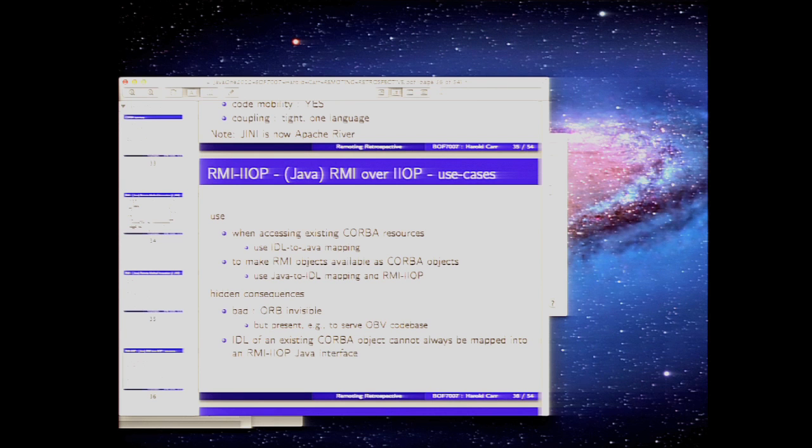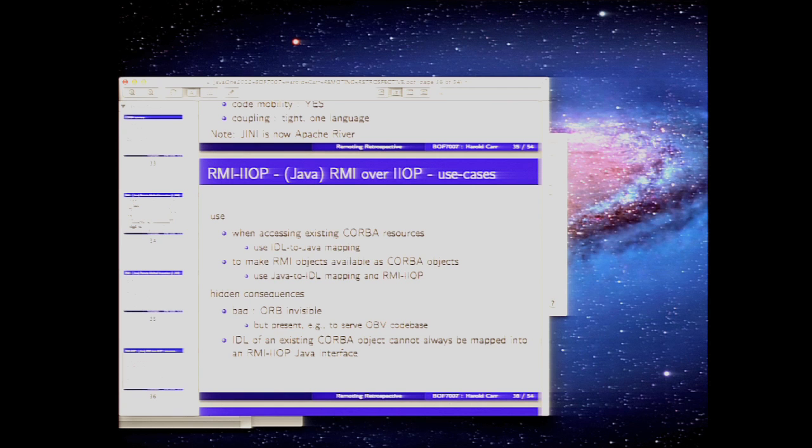So you could write in Java to begin with, and it would translate to CORBA IDL, so other people on CORBA could reach into your Java objects that way. Basically you could write in Java only and not have to think about it.